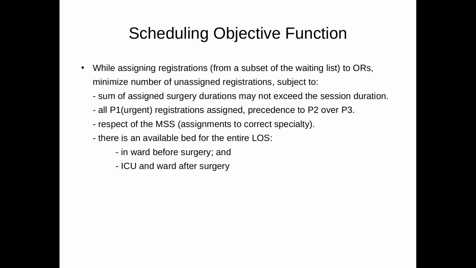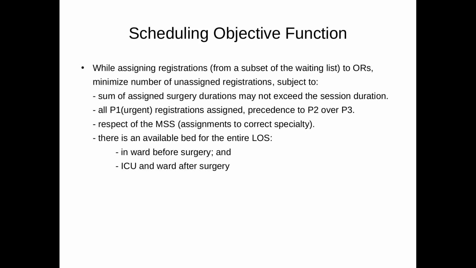So the objective function of this optimization problem is to assign as many registrations as possible from the waiting list, subject to the sum of assigned registration durations not exceeding the session duration. The shift should not have more surgeries than it can hold, because then it becomes overtime.